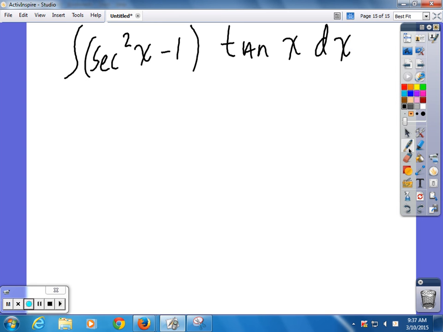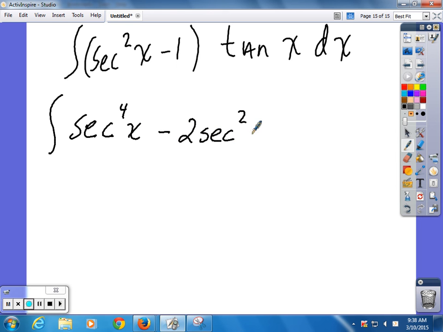And that's going to be the antiderivative of secant to the fourth x minus 2 secant squared of x plus 1 times tangent x dx. And of course, I'm going to distribute that.